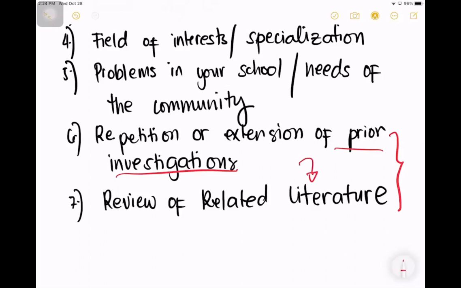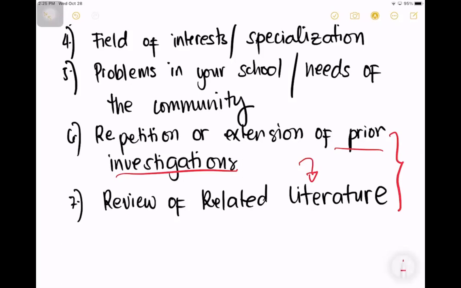In the next few weeks, we will be talking about review of related literature and how we are going to maximize literature search for our studies. The review of related literature is a very rich source of so many elements in your study, and not only the topic. It could be a source for your framework, your problem later on, your research methodology or protocol, and also your sampling. So I could probably say that your RRL is somewhat like the bloodline of your research study.